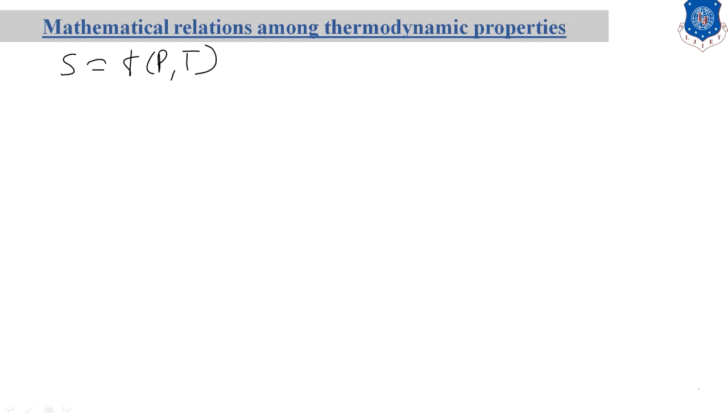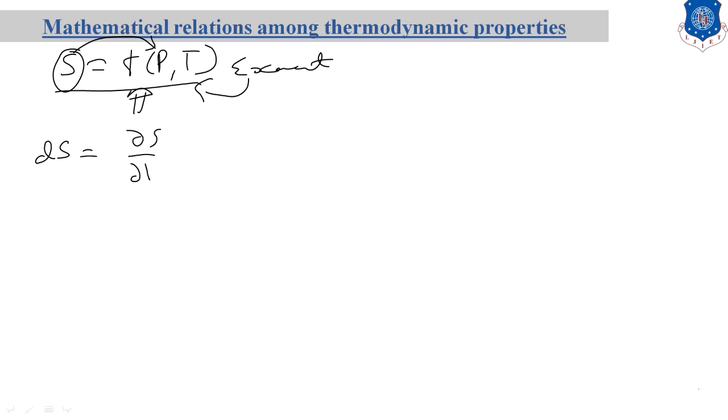If we want to write the exact differential for this, first we write dS as the differentiation of entropy using the first term, (∂S/∂P), by partial differentiation while keeping the second term constant.